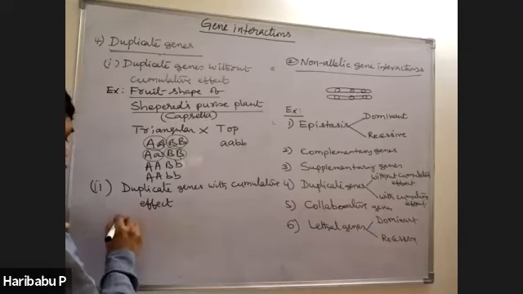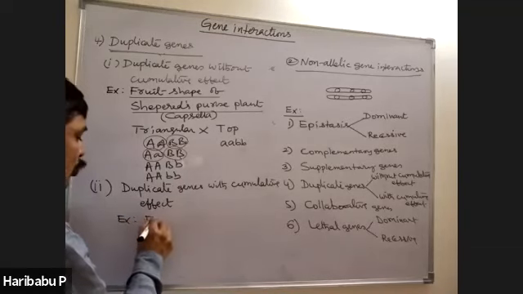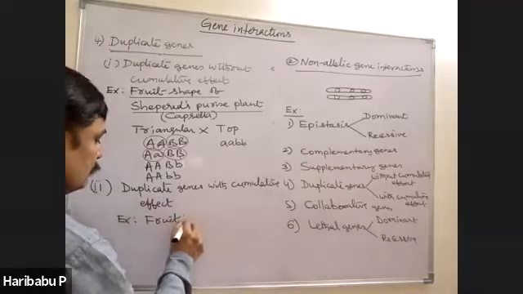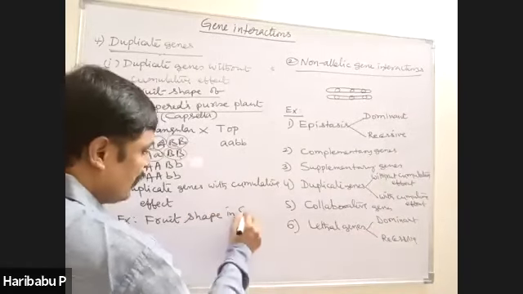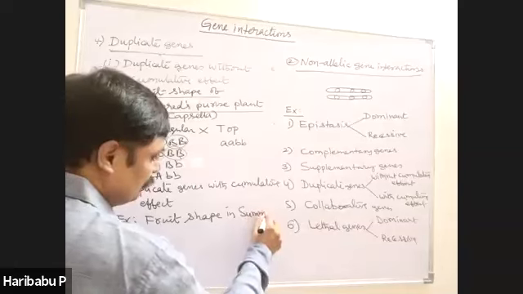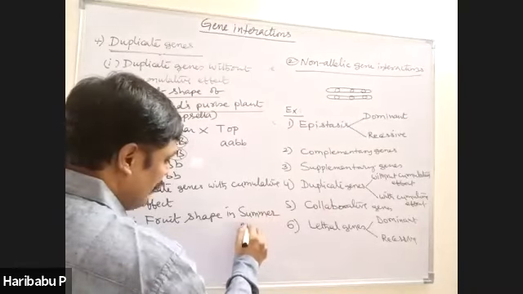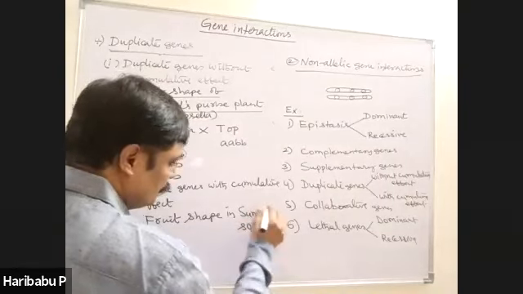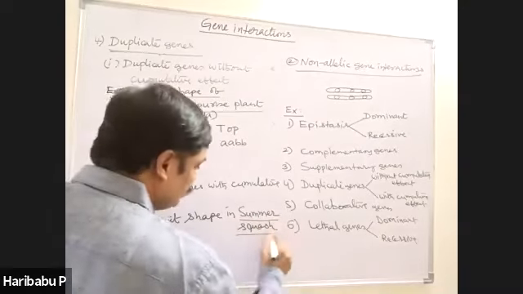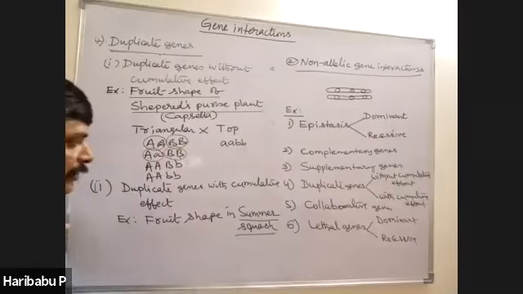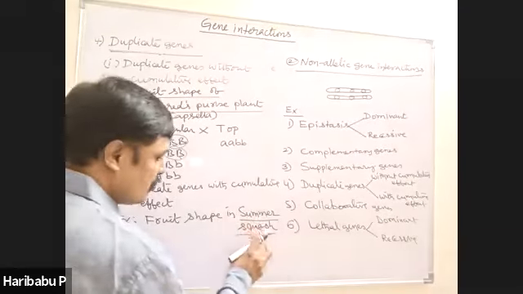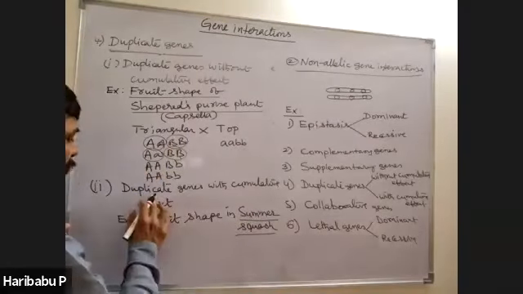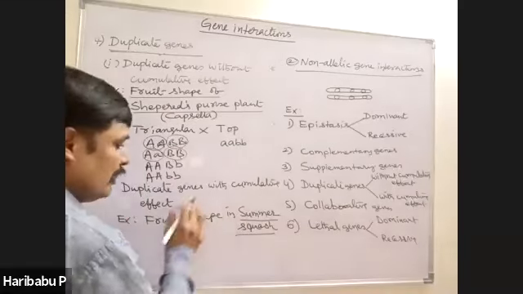The best example is fruit shape in summer squash. Summer squash is nothing but cucumber. Cucumber is commonly called summer squash. Fruit shape in summer squash is the best example for duplicate genes with cumulative effect.